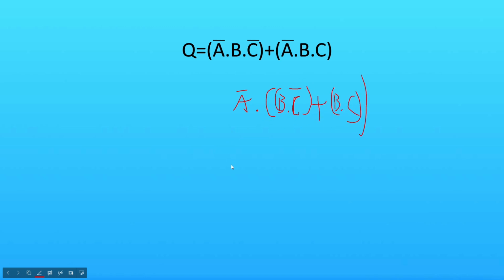Then we can do that again: not A, and then we take out B, and we get C or not C. Then we simplify this down, so we get not A and B and 1, which goes down to not A and B. But this is a bit more complex than just taking out the B and not A in the first place, because that's the largest common factor. You might as well just factorize it out.